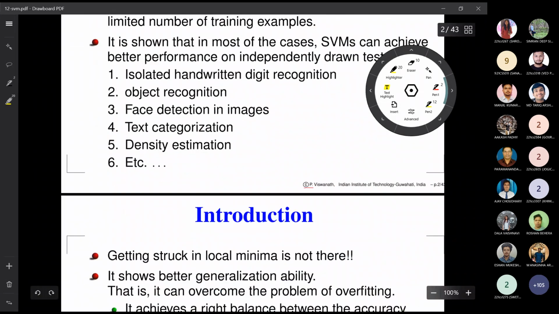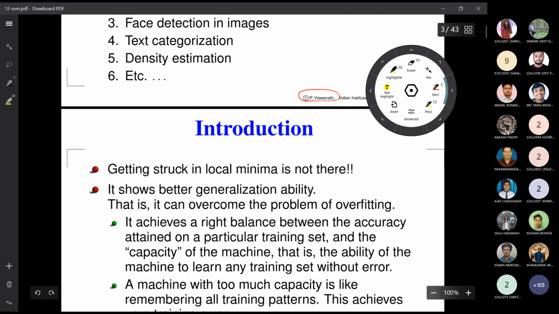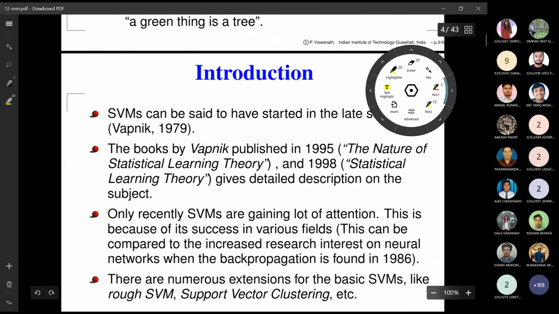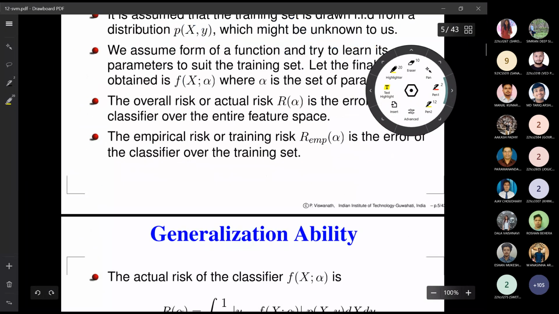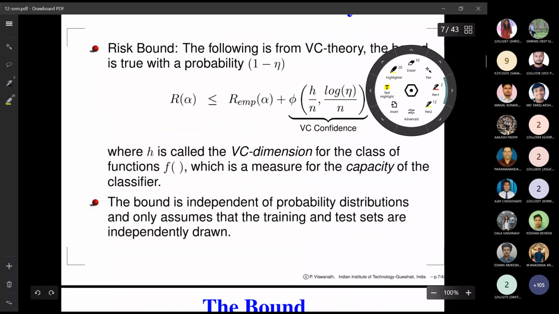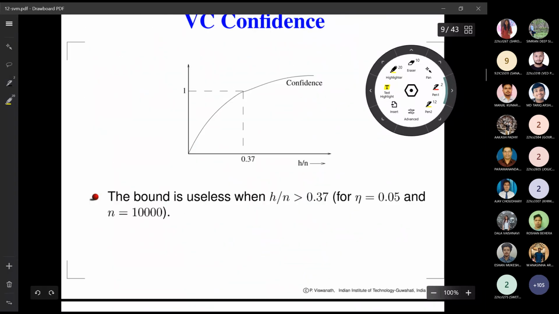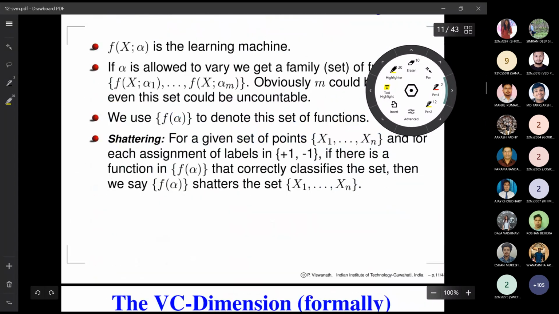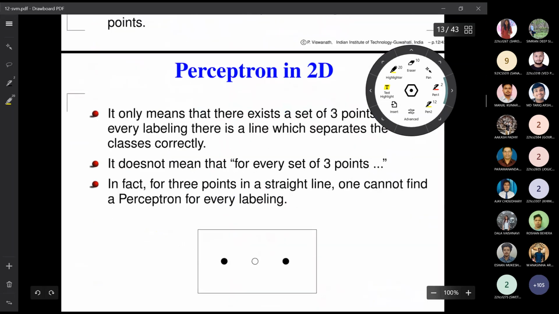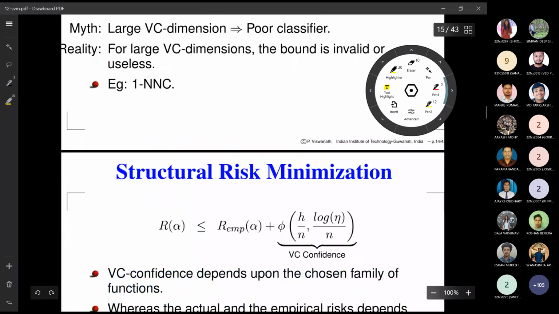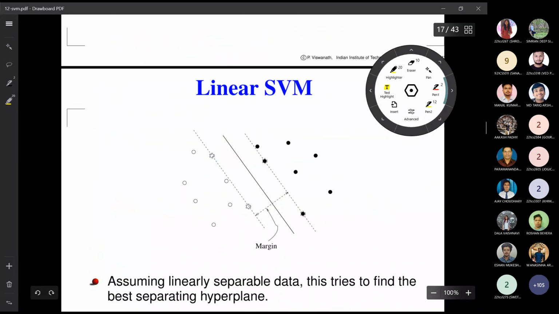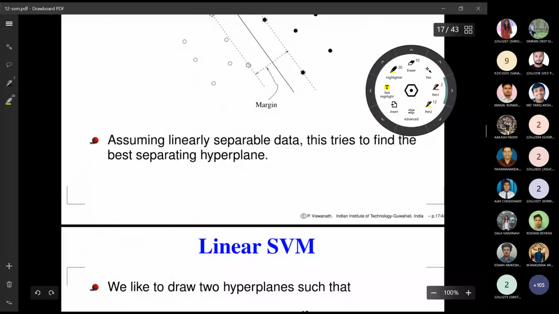I have taken permission from this professor. These are the things I am skipping; those who are interested may go through them. We need more understanding of mathematics to understand those things.